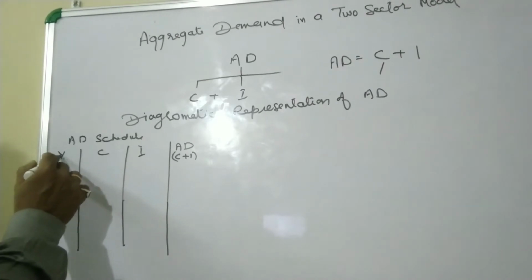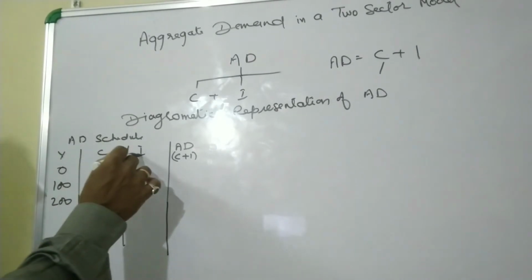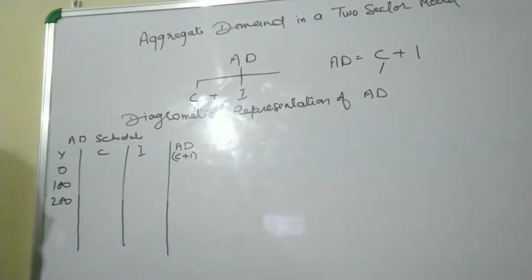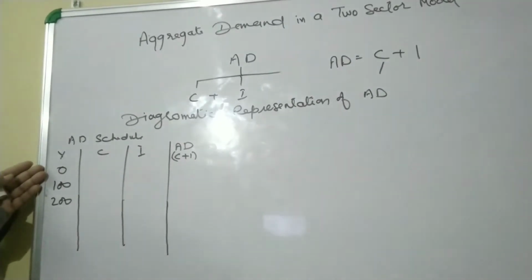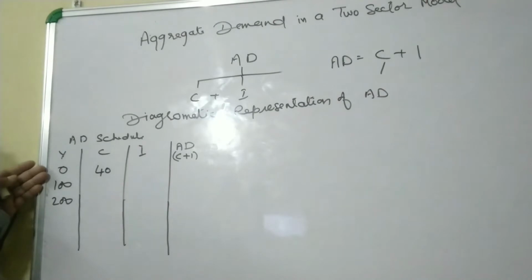Your first column is Y, that is your income, then C, that is your consumption expenditure, then I, that is your investment expenditure, and AD is equal to C plus I. Now let us come to the income column. First, income is 0. Even if income is 0, the consumption expenditure will be there, and that is 40. Let us take it 40.